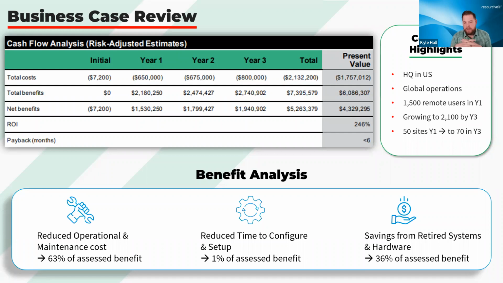And then the other savings from retired systems and hardware. So think of this as the hard cost components where you were spending money with a vendor or a solution, and you are now spending money with a different vendor or different solution, and about 36% of the assessed benefit came from savings there. So there's a lot of places where these benefits come from to pull these business cases together and ultimately look at the ROI.